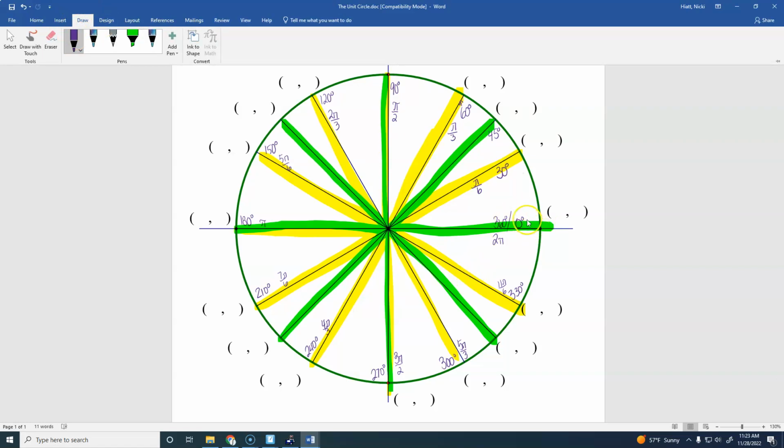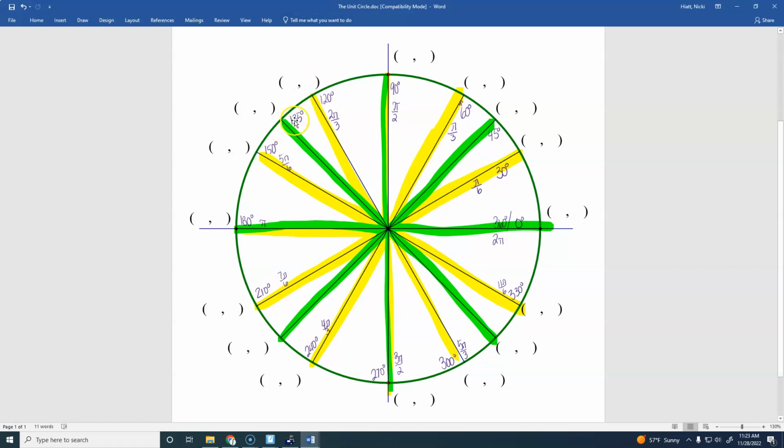But with degrees, very simple. Just count around 45, 90. I've already got it written in. If I add 45 to that, I'll get 135. You could also think just what's halfway between 120 and 150. 135 plus 45 gives me 180. 180 plus 45 is going to give me 225. 225 plus 45 is going to give me 270. 270 plus 45 is going to give me 315.